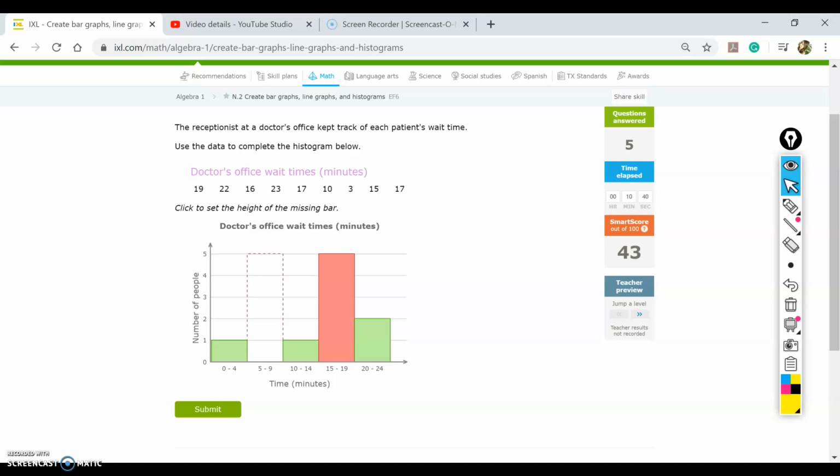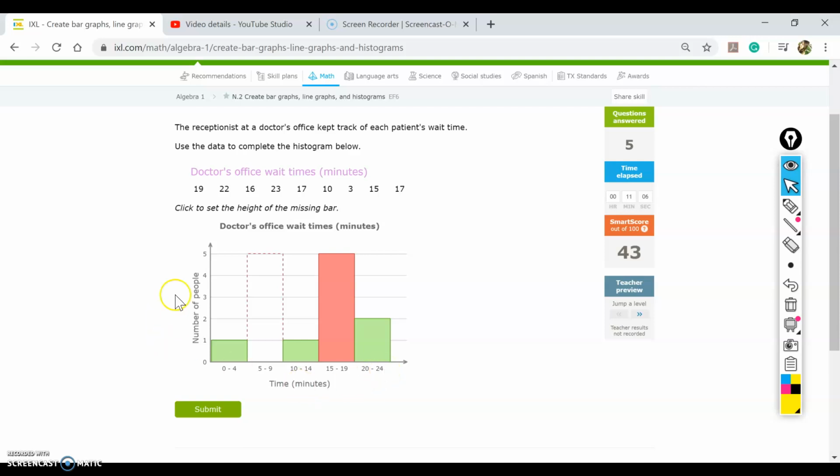Let's do this one here. The receptionist at the doctor's office kept track of each patient's wait time. Use the data to complete the histogram below. Now look at the histogram. Time in minutes from 0 to 4, from 5 to 9, from 10 to 14, from 15 to 19, and from 20 to 24.